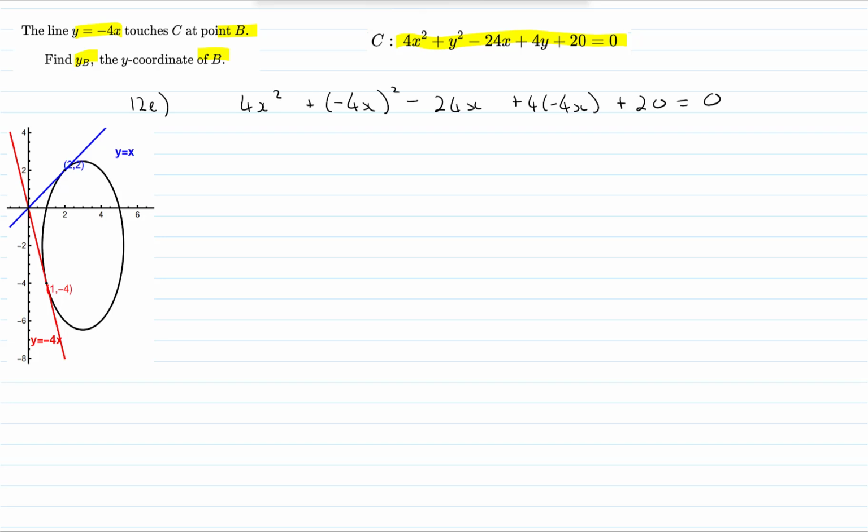So simplifying this, the x squared parts, we're going to end up with 4 squared and then 16 squared.